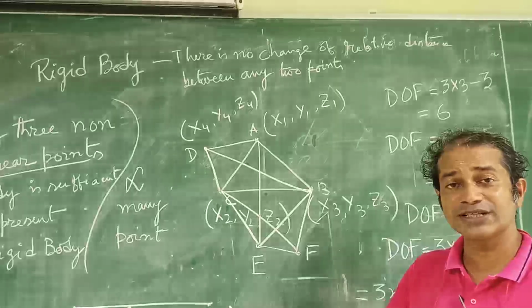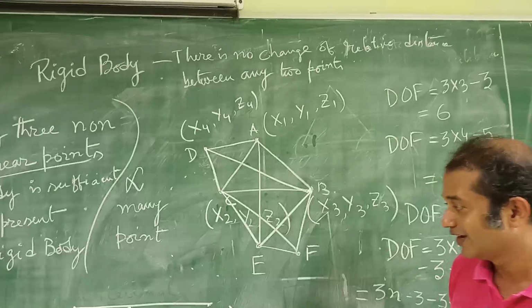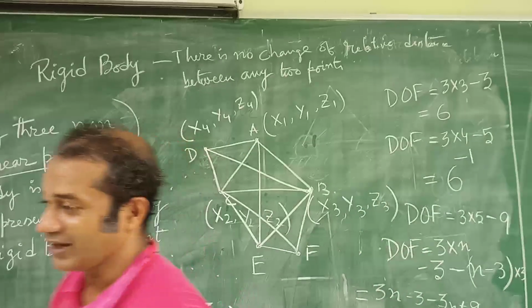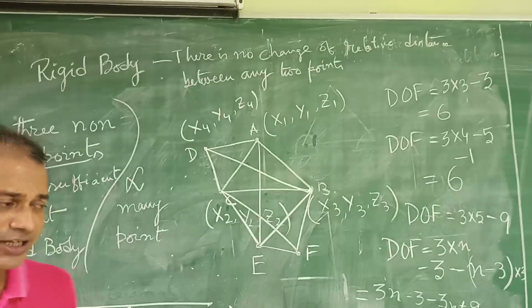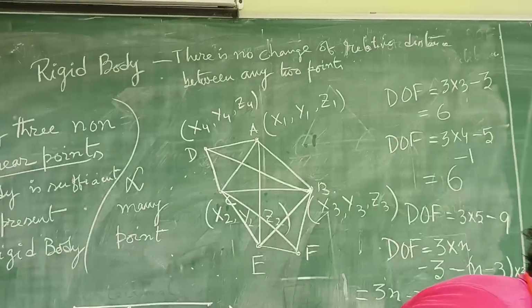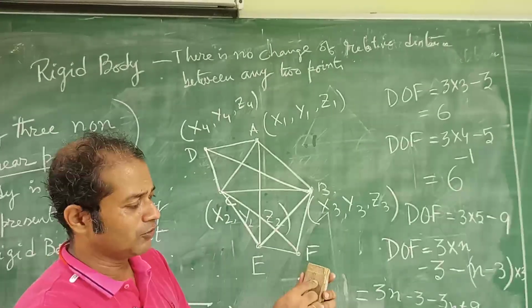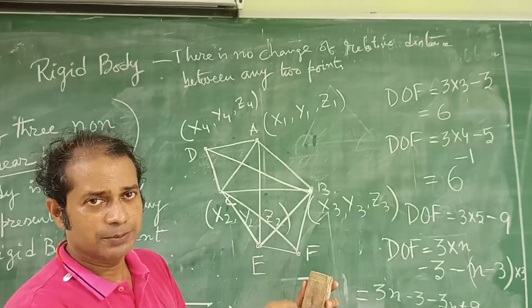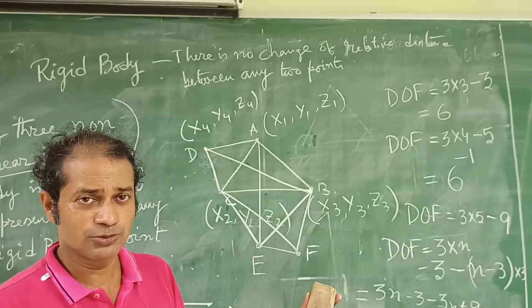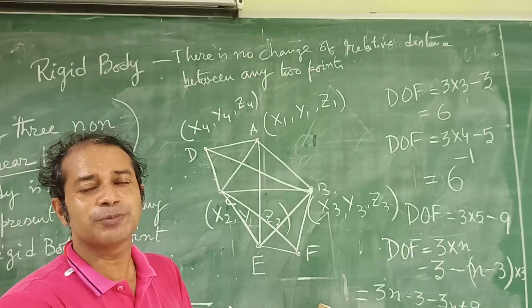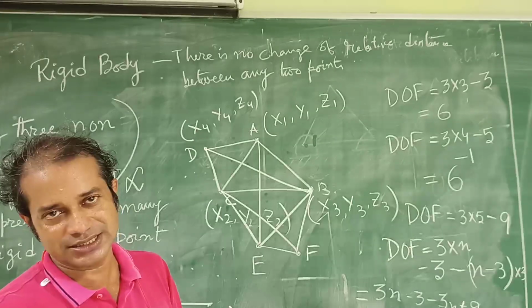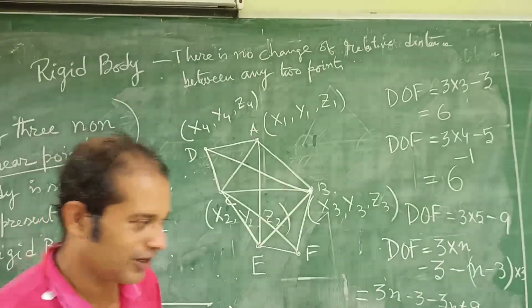So it does not represent the rigid body, rather it is representing a straight line. So for any rigid body, I will just be marking 1, 2, 3, A, B, C points, any 3 points which are non-collinear, and these 3 points are sufficient to represent a rigid body. Okay?